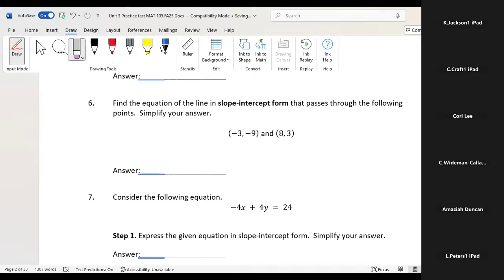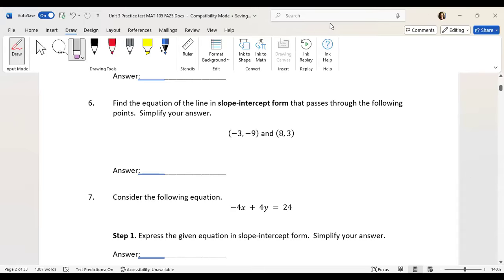All right. So let's go to question 6. This time we are given 2 points, and we are told to find the equation of a line in point-slope formula. So in this particular case, you must find the slope. So you start by finding the slope of the line. Remember the formula: increase in y over increase in x.